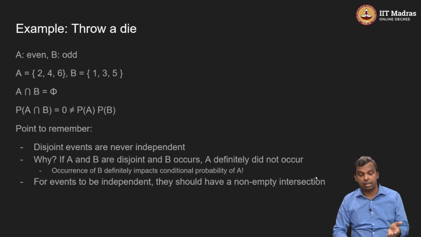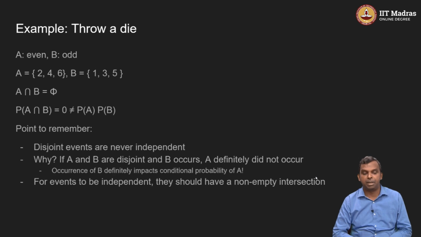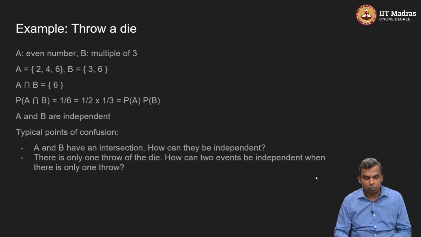The last point here is a bit counterintuitive, maybe a little bit surprising, but it's a very crucial part of independence. Independence does not mean disjointness. If two events are independent, they have to have a non-trivial intersection. The intersection should be possible. A and B must be possible together for A and B to be independent. Small idea, but important to keep in mind.